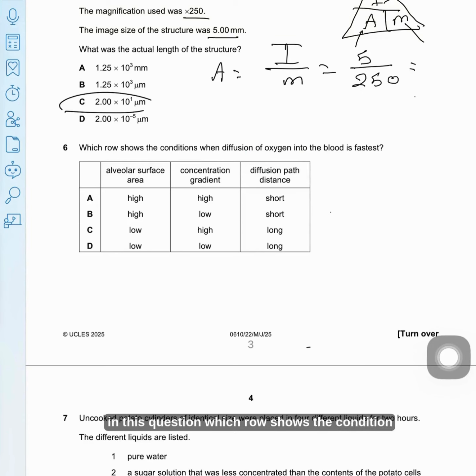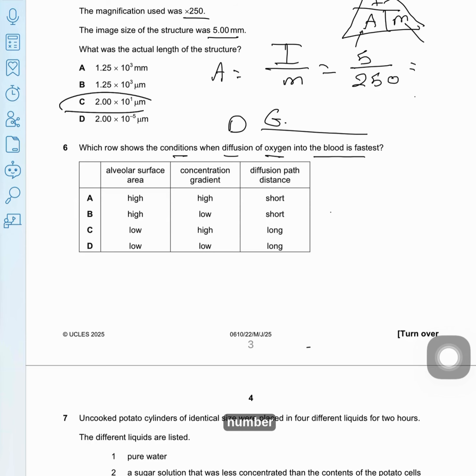Next, in this question, which row shows the condition when diffusion of oxygen into the blood is the fastest? Yes, so for diffusion, these are the factors affecting it. Number one, concentration gradient. Number two, temperature. Number three, surface area. And there was a fourth factor, which was what?